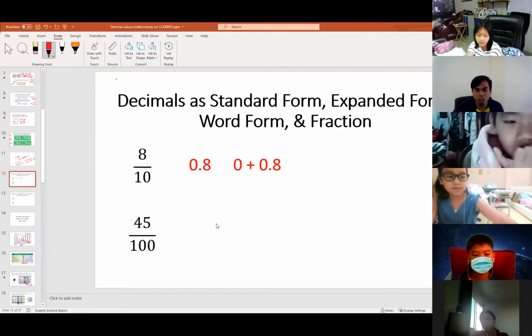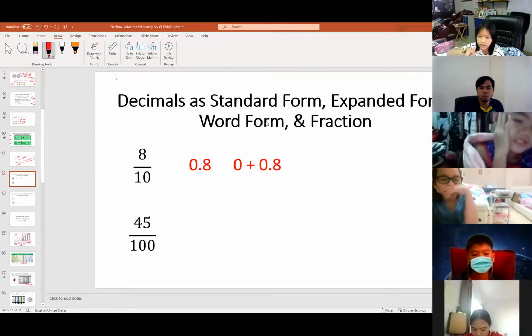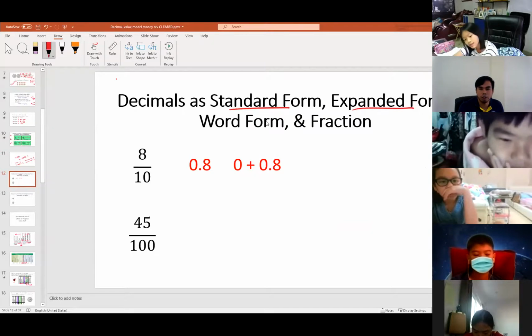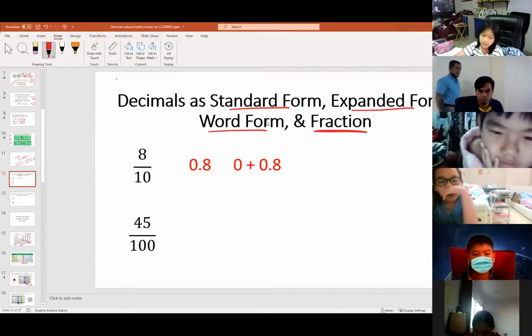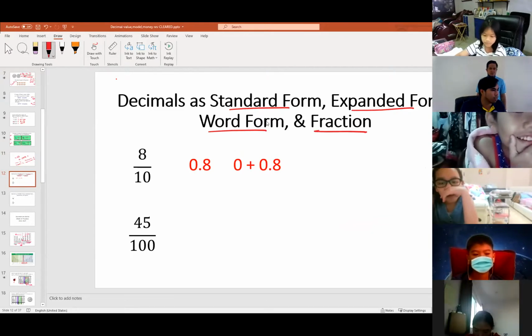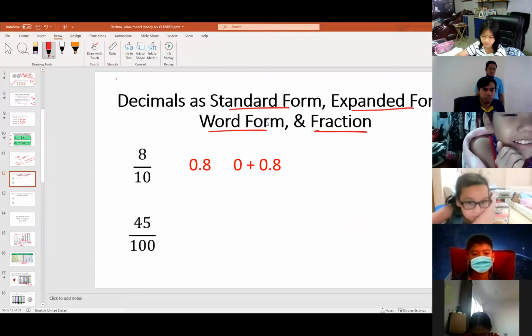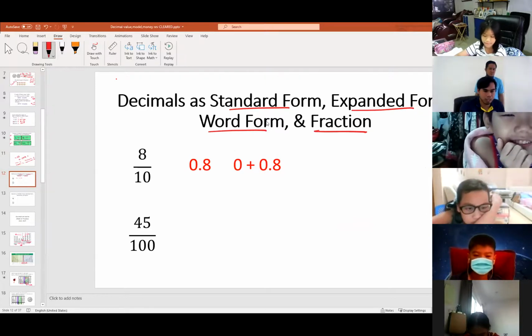Now you're learning to write a decimal number in standard form, and as a proportion and fraction. Let's go with the first one. Let's look at the example. 8 over 10 is 0.8, because here it's tenths.